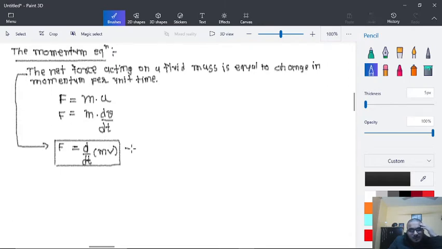This is known as the momentum principle.